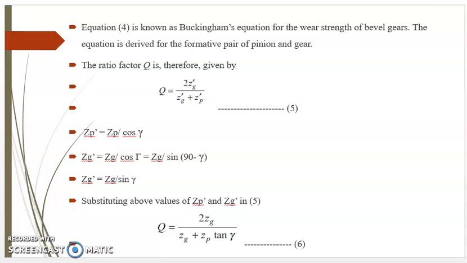Therefore, Zg' is equal to Zg upon sine gamma. Substituting above values of Zp' and Zg' in equation 5, we have Q = 2Zg / (Zg + Zp tan gamma), equation 6.